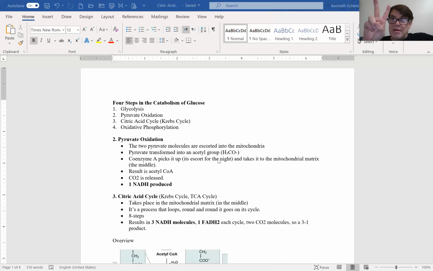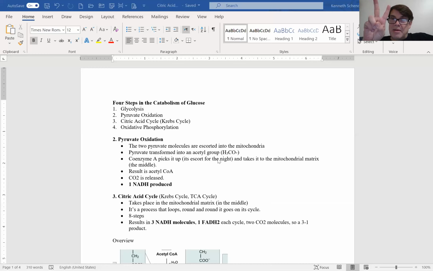The second step in the catabolism of glucose is called pyruvate oxidation. Pyruvate is what's left after glycolysis, and oxidation is loss, oil rig, it's losing electrons. So the oxidation of the pyruvate is the second step. Let me just briefly cover that here.